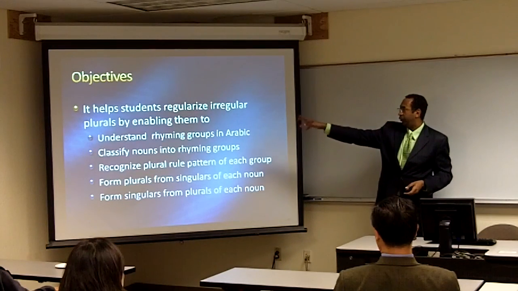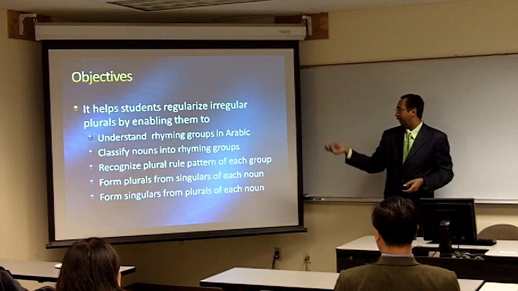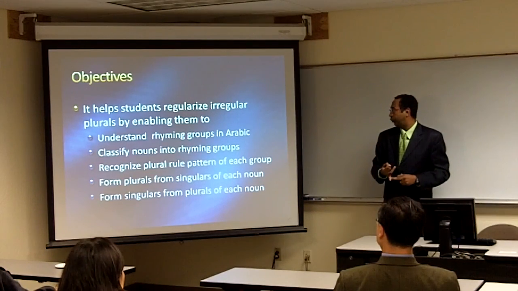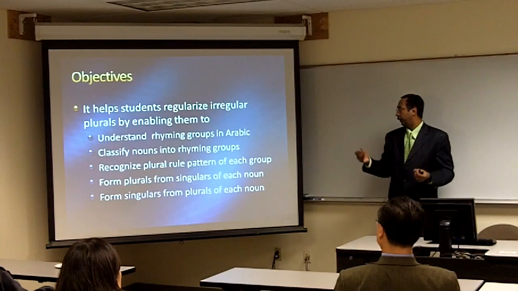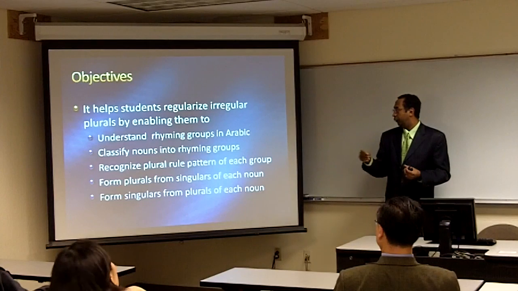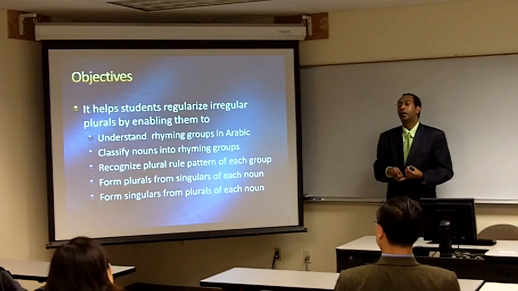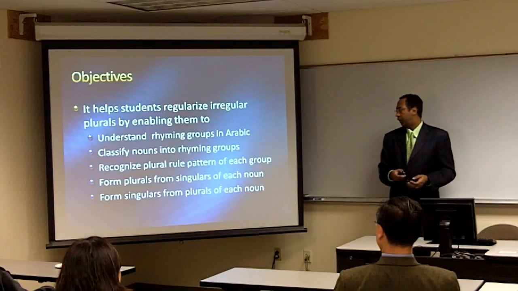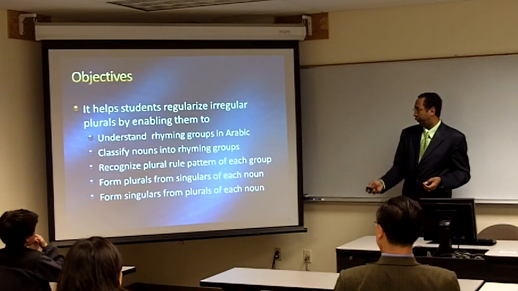But for the irregular ones, by helping students learn the concept of rhyming groups in Arabic and classify nouns, at the end they will be able to recognize plural forms, and also to form plurals from any singular.